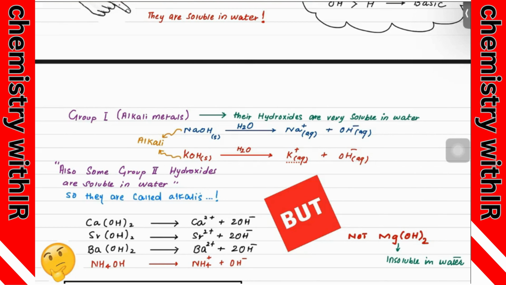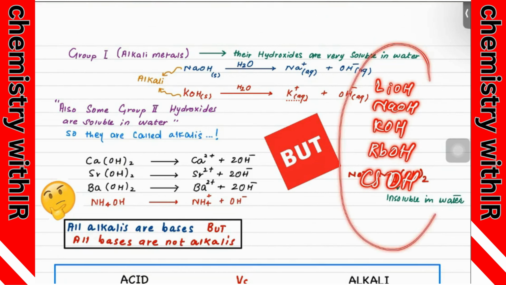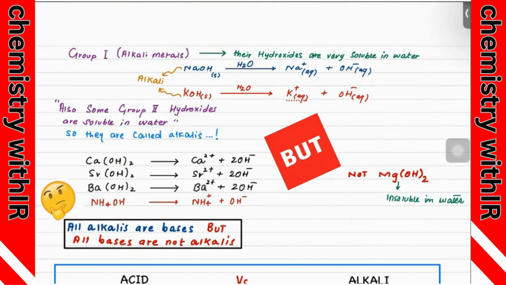So generally group 1 hydroxides are soluble. Group 1 hydroxide means lithium hydroxide, sodium hydroxide, potassium hydroxide, rubidium hydroxide, cesium hydroxide. They are soluble in water, so they are called alkali.